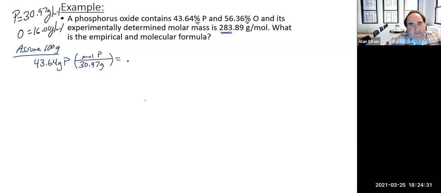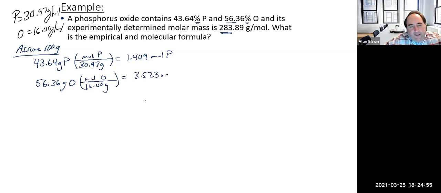That gives us 1.409 moles of phosphorus. We would also assume that we have 56.36 grams of oxygen, and we would divide by 16 grams per mole of oxygen. That gives us 3.523 moles of oxygen.